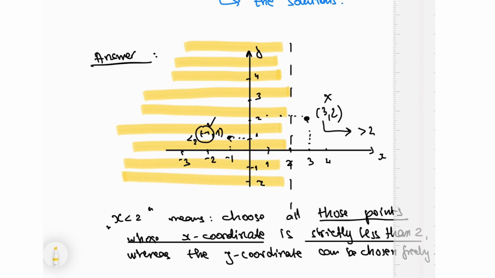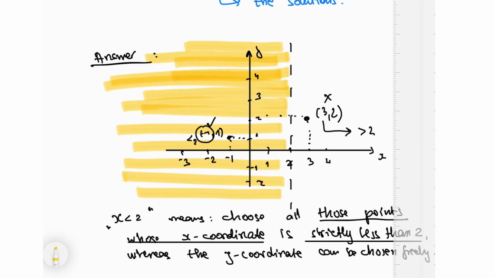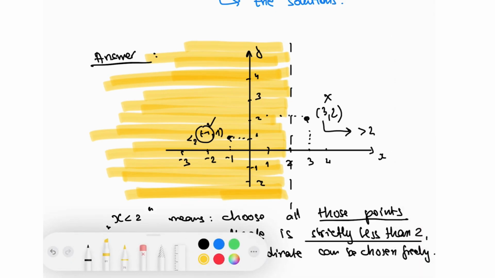And remember, we are not taking the dotted line, so this is what we are taking, up to the line x equals 2, which is a vertical line. So you can have a look.